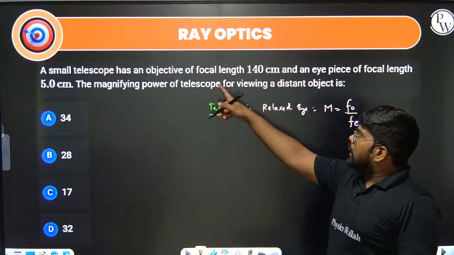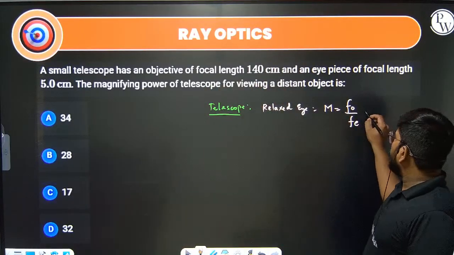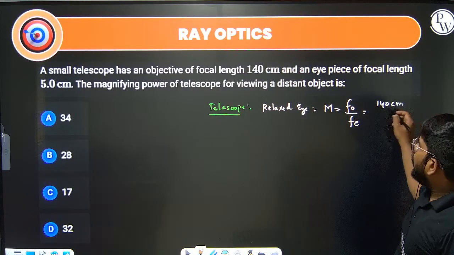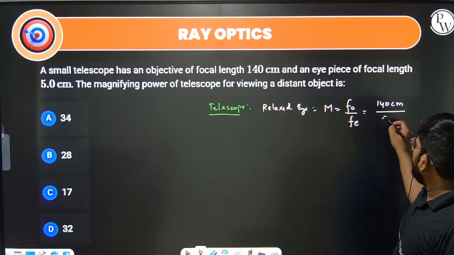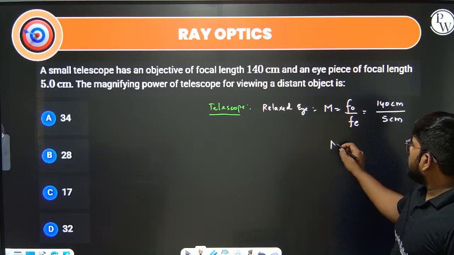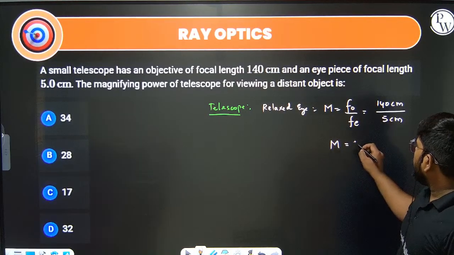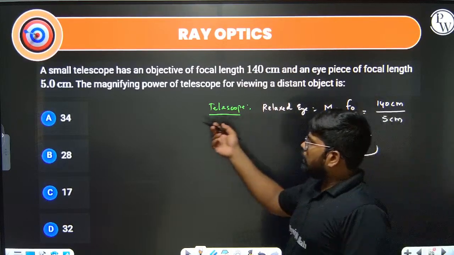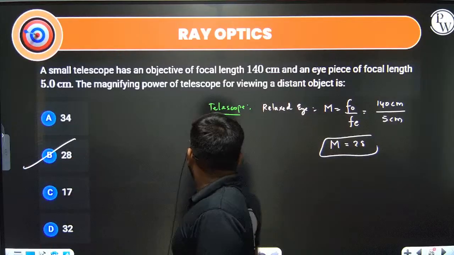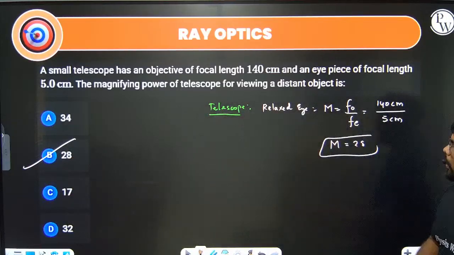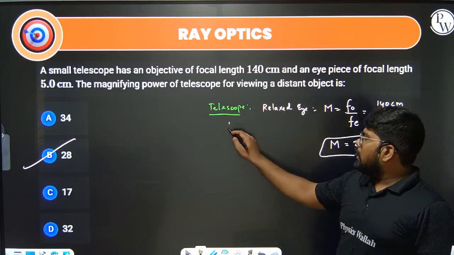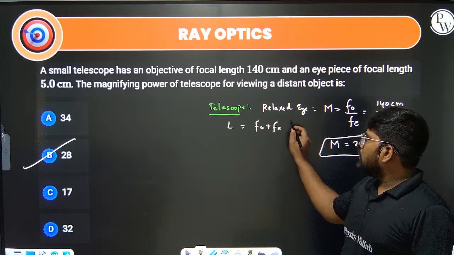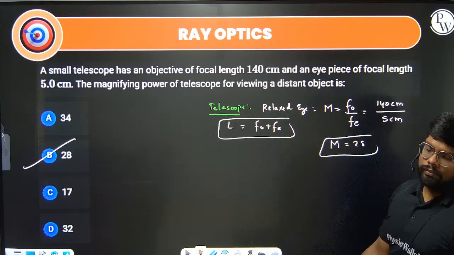They gave objective focal length as 140 centimeters, and eyepiece is 5 centimeters. So what is magnifying power? It is coming out to be 140 by 5, which is 28 times. It is again direct for the telescope. And for the relaxed eye, length of the telescope should be FO plus FE. This is one more relation we should remember.